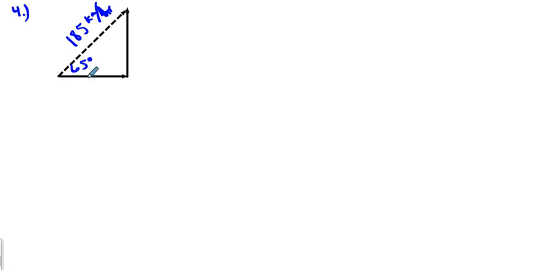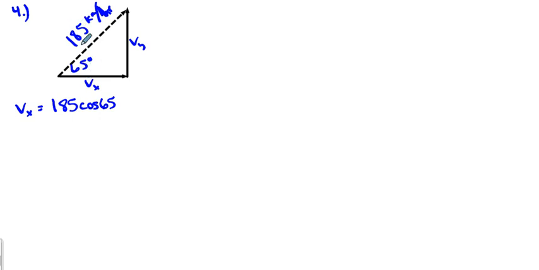Okay, so let's just break that one into its x and y components right away. You have an x component to that velocity, and you have a y component to that velocity. X is equal to 185 times the cosine of 65. It's cosine because it's adjacent to the angle.